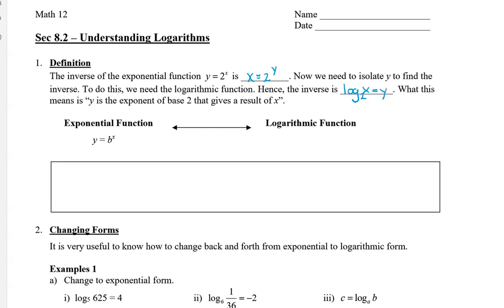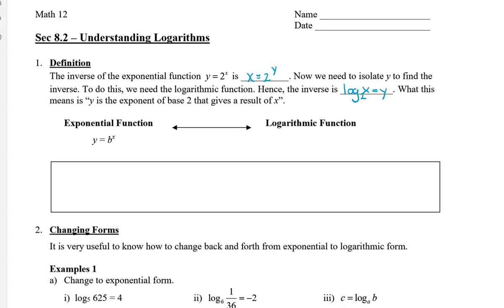So what this means is that y is the exponent of base 2 that will give us the result x. That can also be rewritten as log with a little 2 between the log and the x, and that equals y.